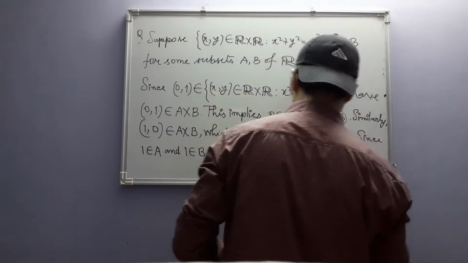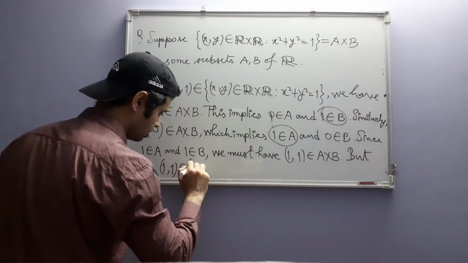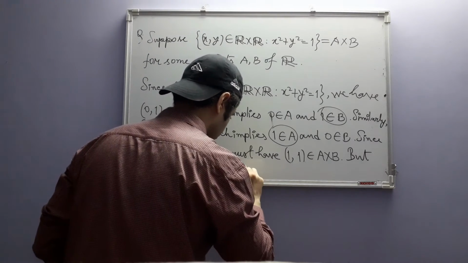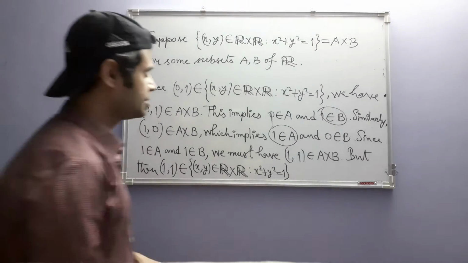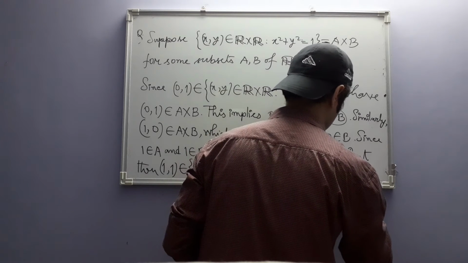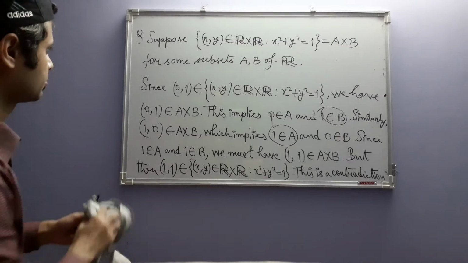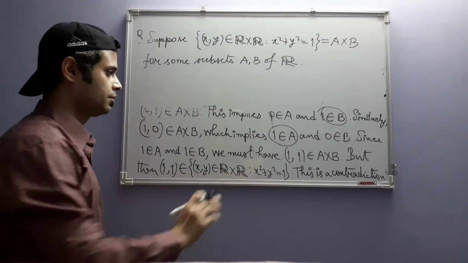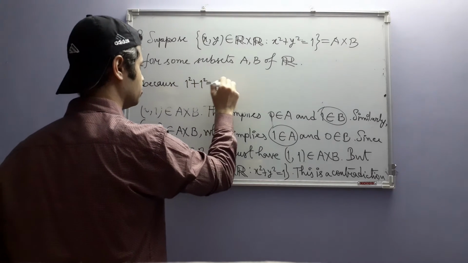But then (1, 1) belongs to our set. This is a contradiction, because this element cannot be here: 1 square plus 1 square is equal to 2, which is not equal to 1.